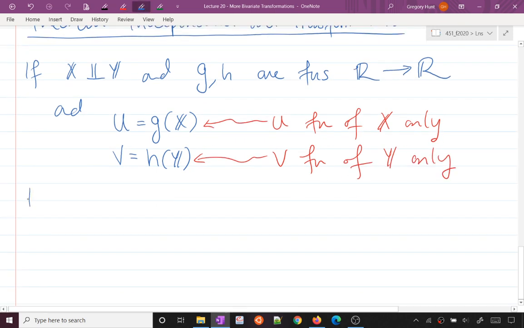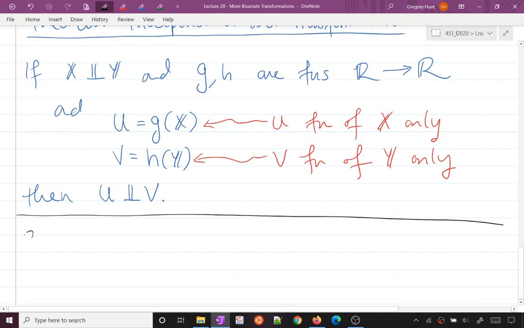Then the maybe not too surprising but nice result is that u is independent of v. That is, if x and y are independent, and u is a function of only x, and v is a function of only y, then u and v, transformations of x and y, are also independent. So individual functions of independent random variables are also independent.